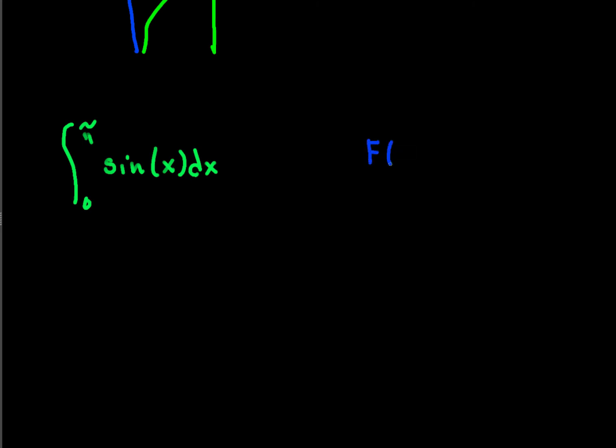Well, we know that derivatives of sine and cosine are linked, right? The derivative of cosine is actually negative sine. That's not what we want. We want the positive sine. So if I make it a negative, then f prime of x would be negative negative sine of x, which is sine of x.